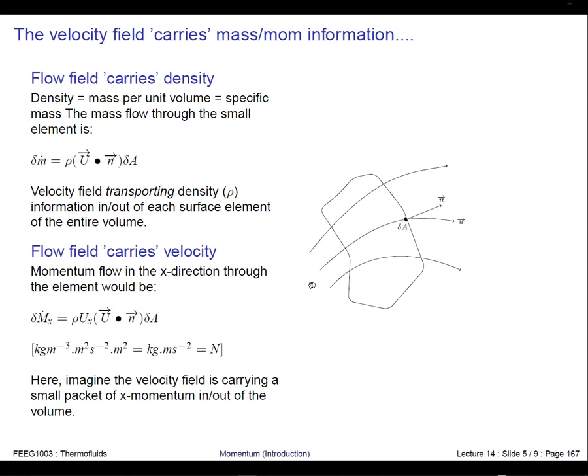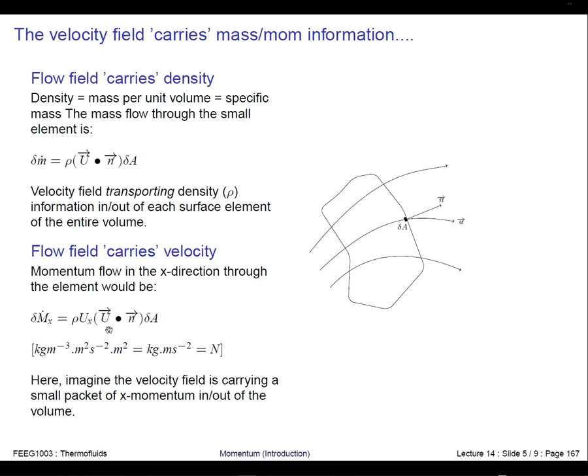The other thing to note is that here what we've done is we've defined momentum in the x direction. The difficult thing is you've got a velocity here and you've got a velocity here, but I want you to try and imagine that these two velocities are kind of two completely different things.